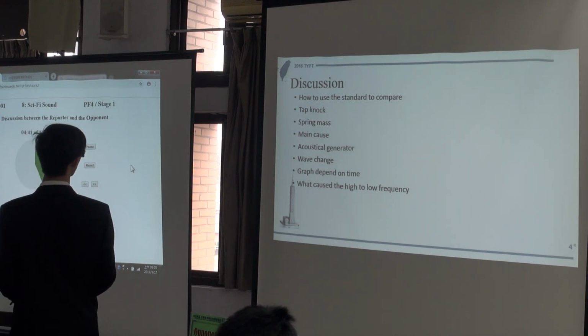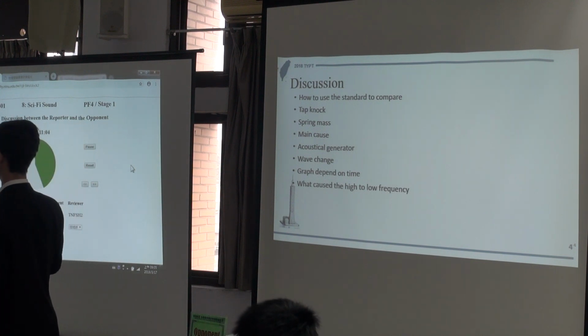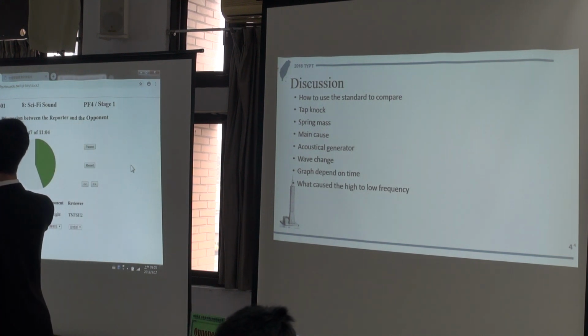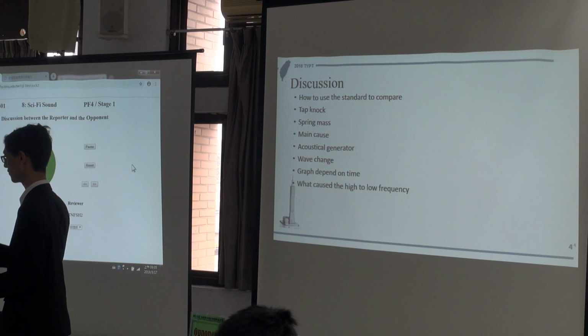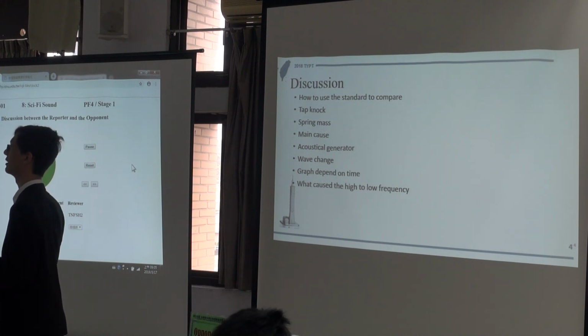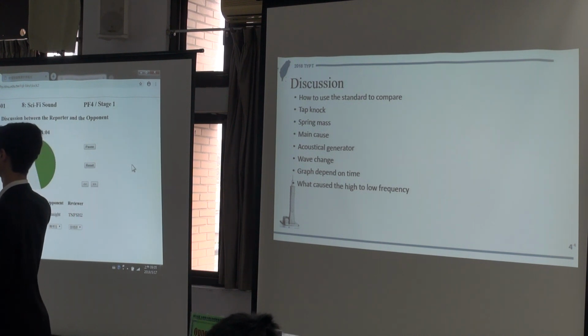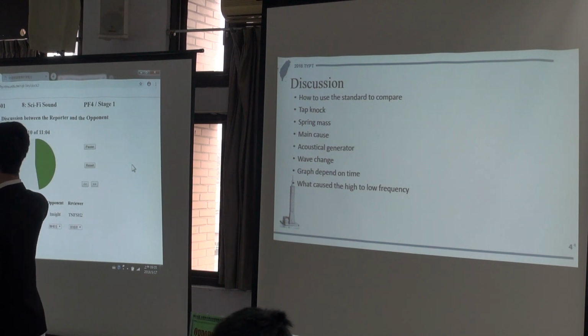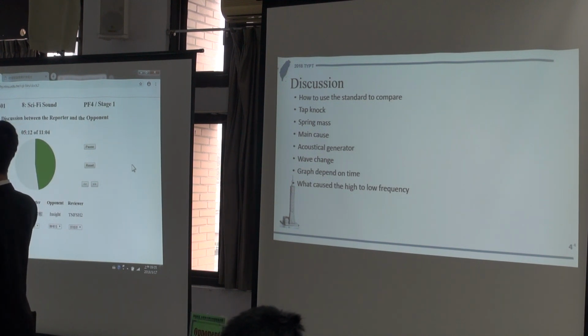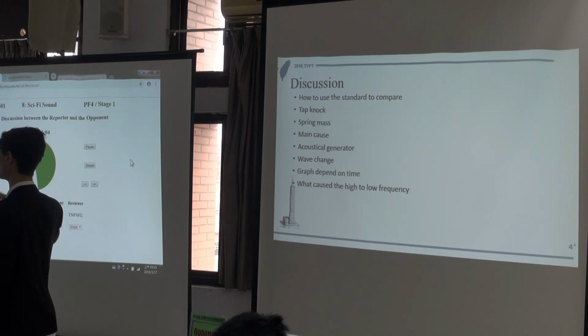And your acoustical generator, when you put out the graph, when you try to make a sound with the acoustical generator, can you go to that graph? When you showed this, it was amplitude to time, and you said, unfortunately, there was only one frequency.